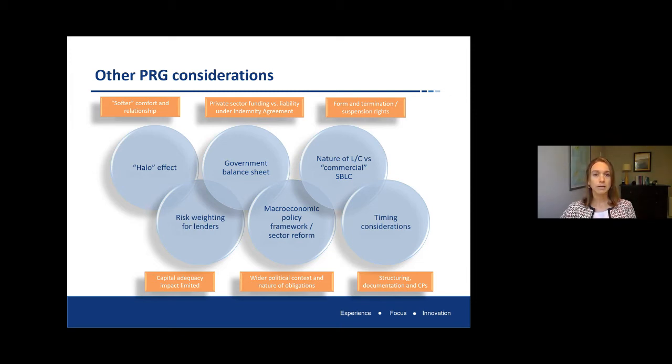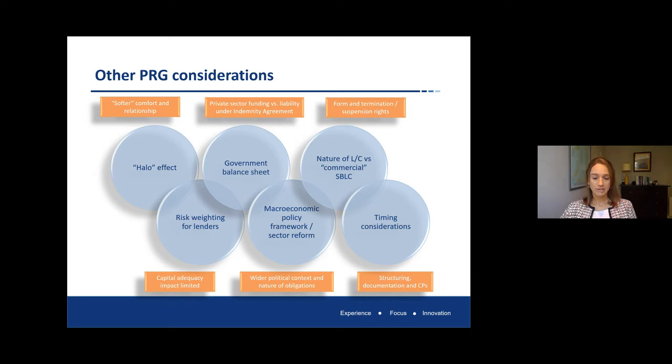But from a purely political perspective, those reforms could, of course, have some short-term pain, and that may or may not be acceptable to a political person or party within a country when looking to deploy the product. So it just needs to be borne in mind in the context of those wider discussions with government.